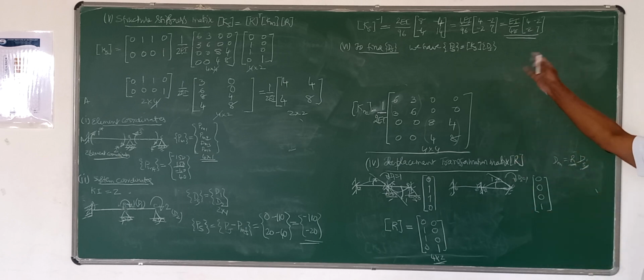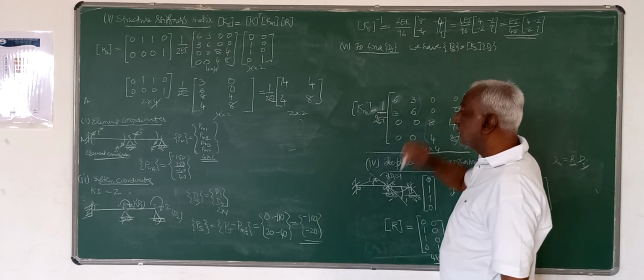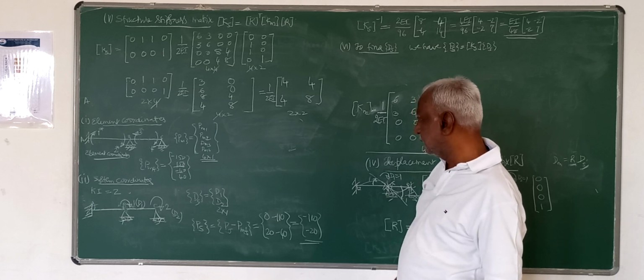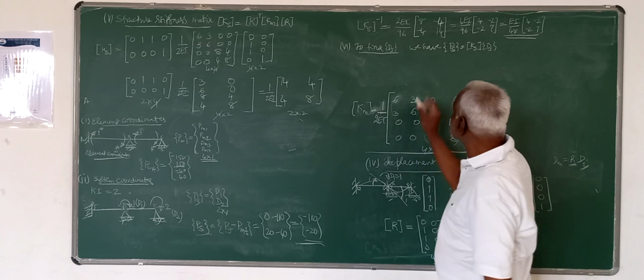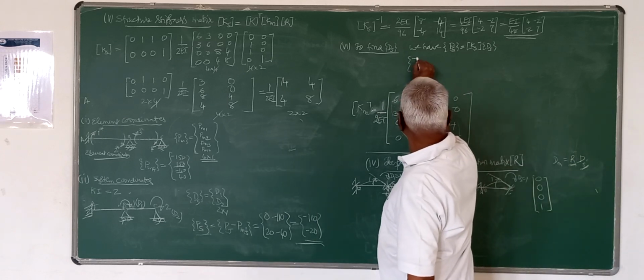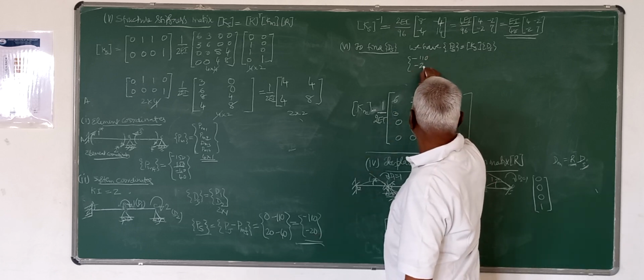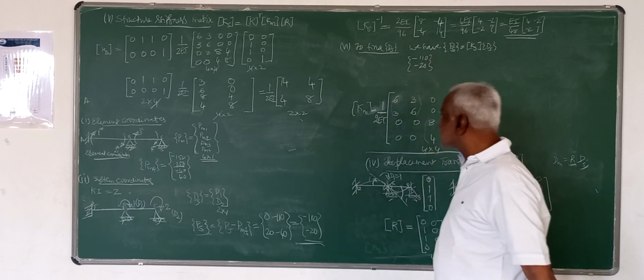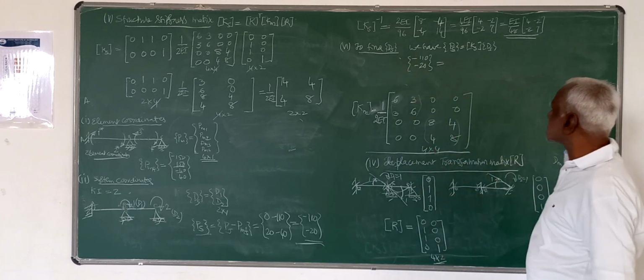I told the relationship between system coordinate and element coordinate: Ps equals Ks Ds, and for the element coordinate, Pm equals Km Dm. So that one I will use. Here Ps I have already determined. So that is minus 110 and minus 20.